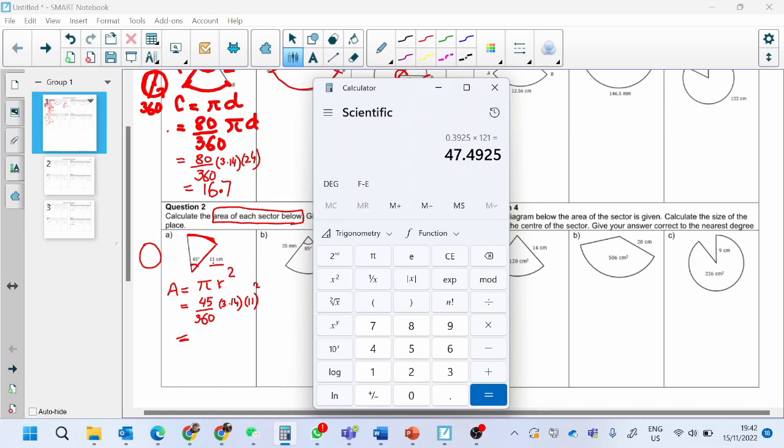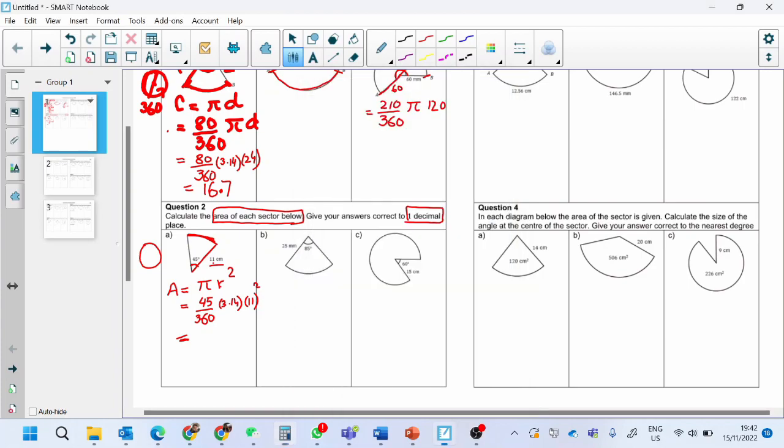This gives us 47.49. Now we have to write just one decimal, 47.4, and the next digit is 9, which is greater than 5, so we change the 4 into 5, and it becomes 47.5. So our area will be 47.5 centimeters squared.